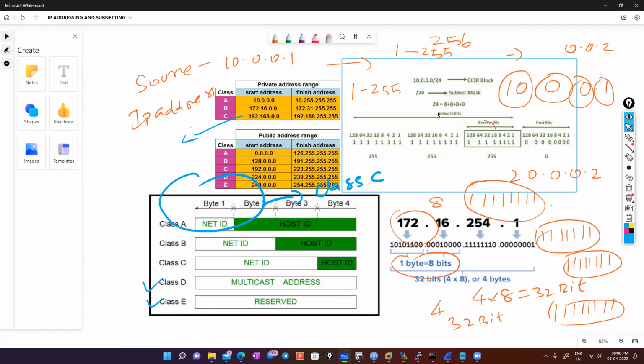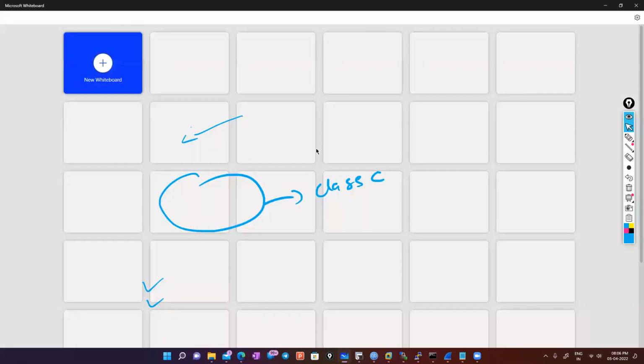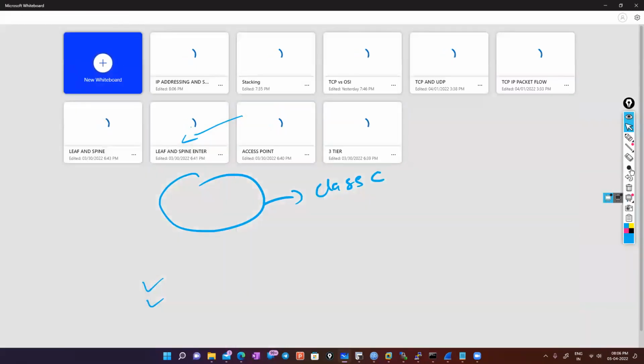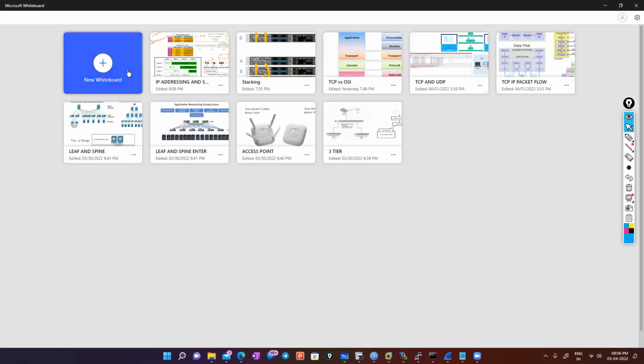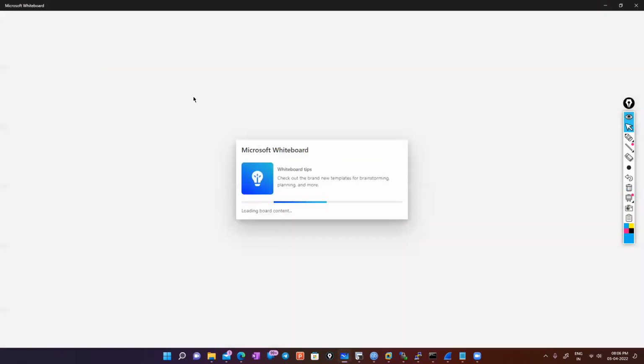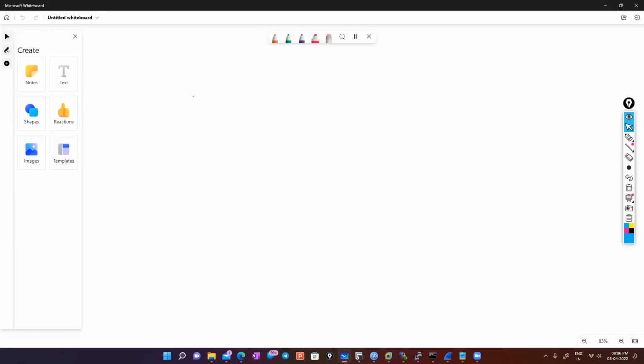And here, every time when we give IP parameters, we give three details, right? Let me open a different whiteboard. I think the image will be deleted here. Whenever you assign an IP address, you will give three parameters, right? The first thing you will give is your IP address.